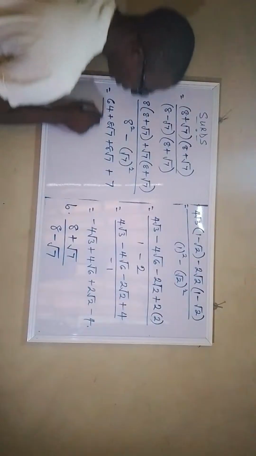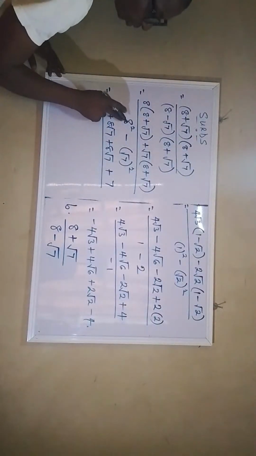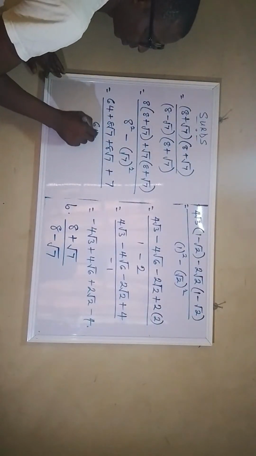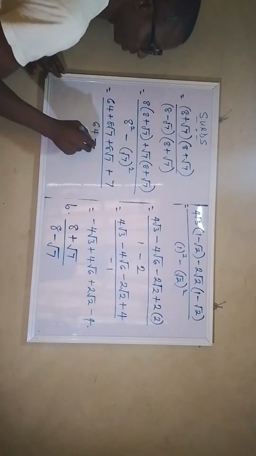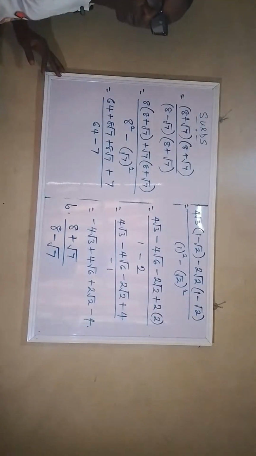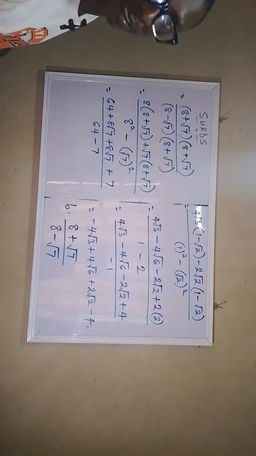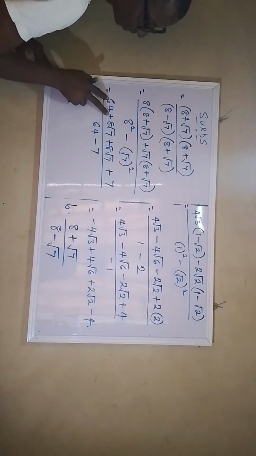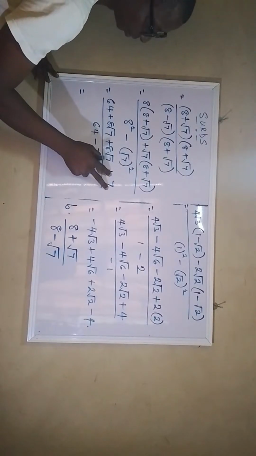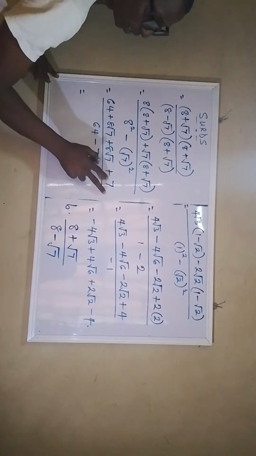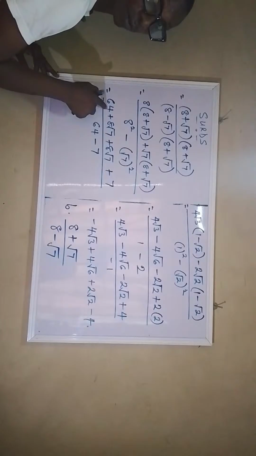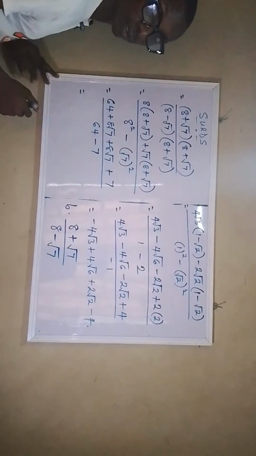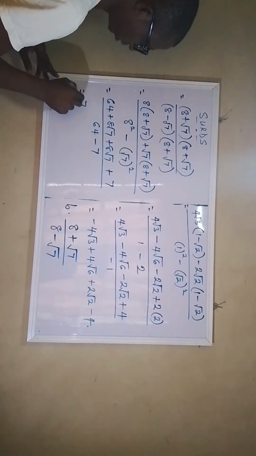Everything all over, this is going to give you 64 minus 7. Now you add this and this together. When you add, 64 plus 7, that's 71.